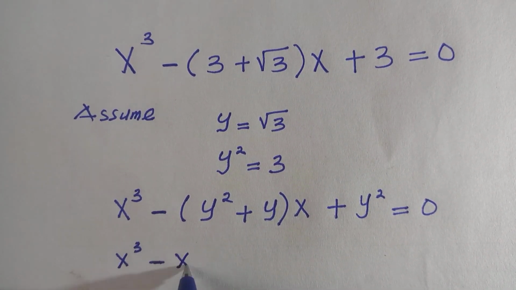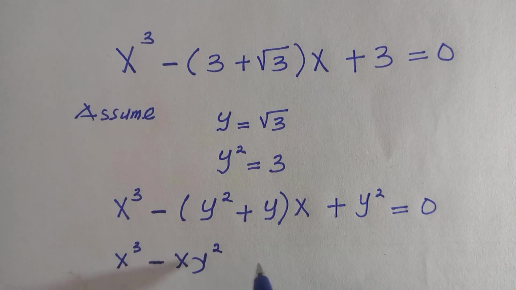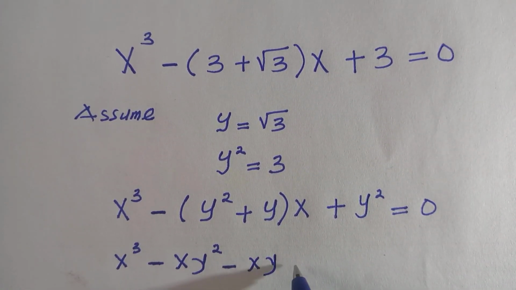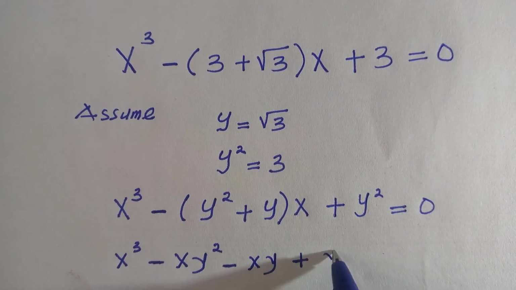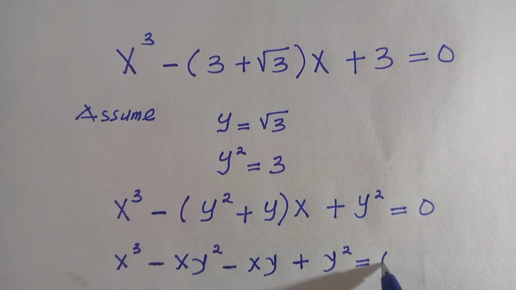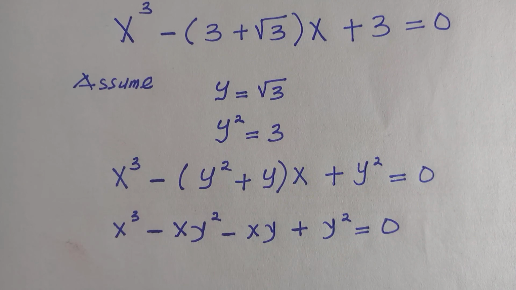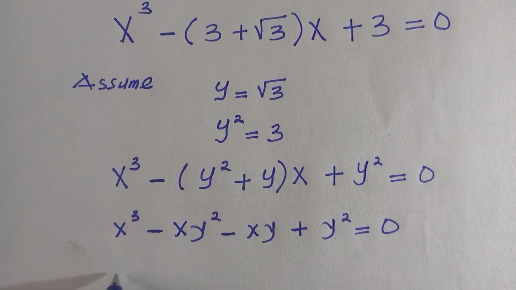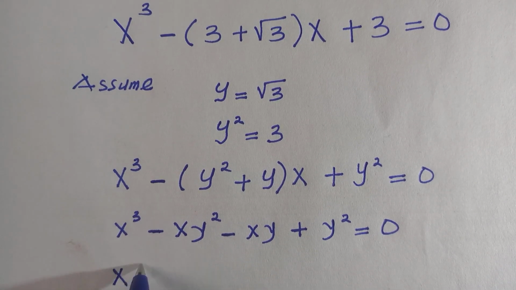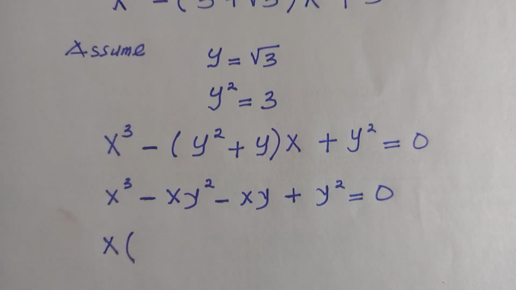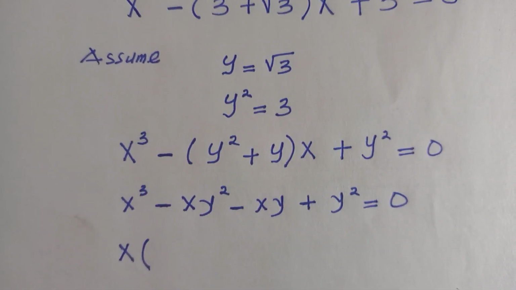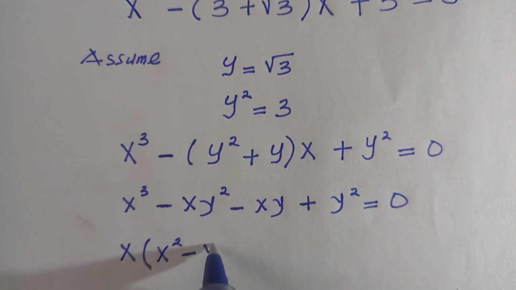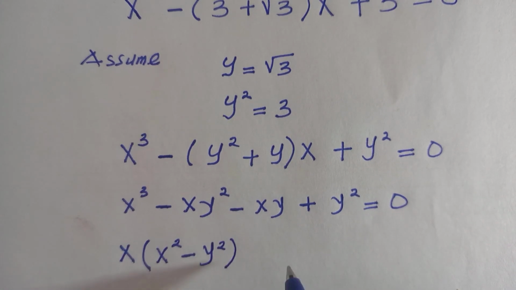We open this, we have xy square and minus xy plus y square equals 0. Let's do a little expansion here. If you combine this, we can take x out, and since we take one x out from x raised to the power 3, we are left with x square minus y square.